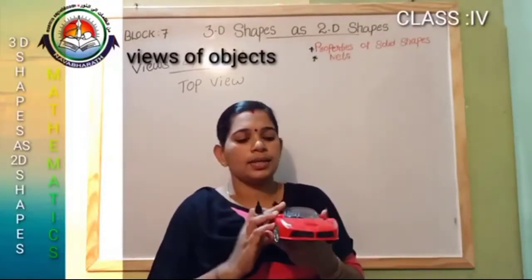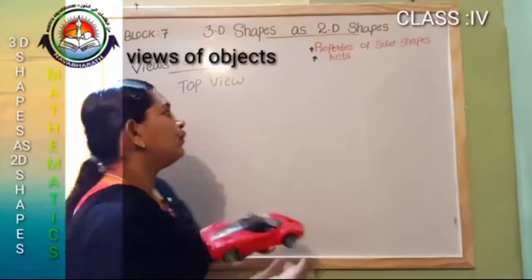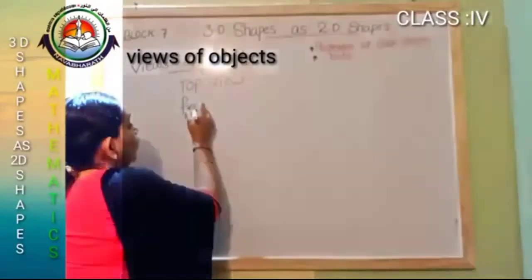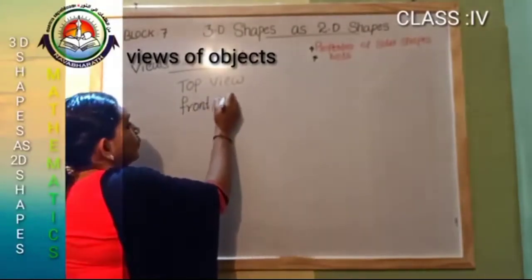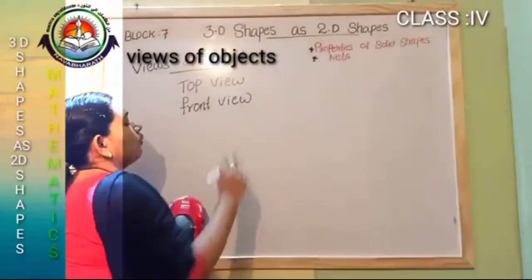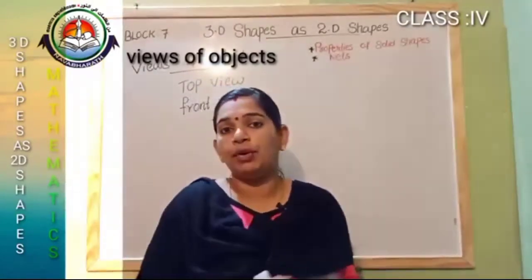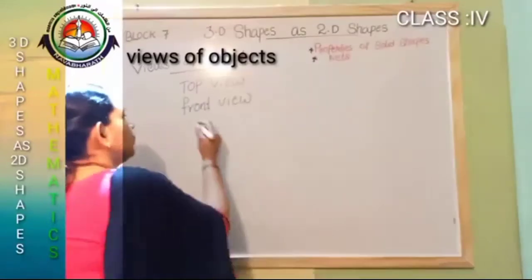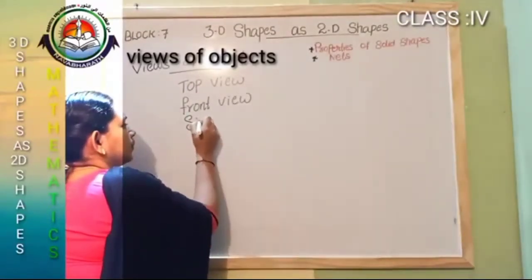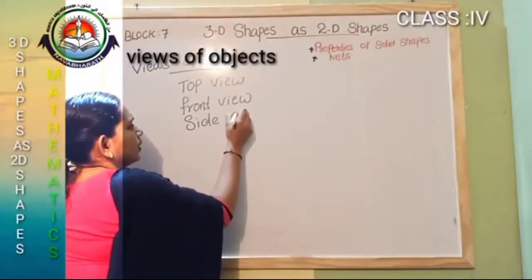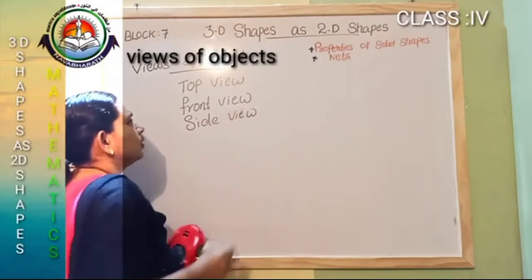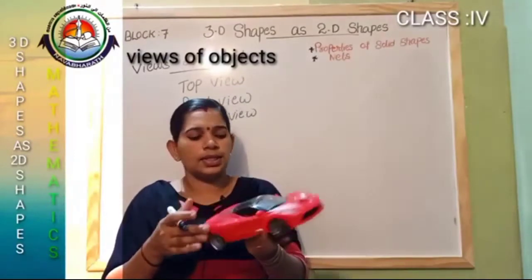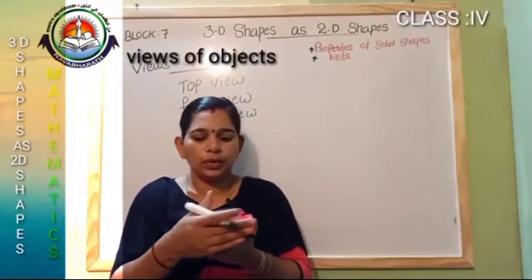Okay, then this is the front view. Then what is this view? Side view. This is the top view. This is the side view. This is the front view.